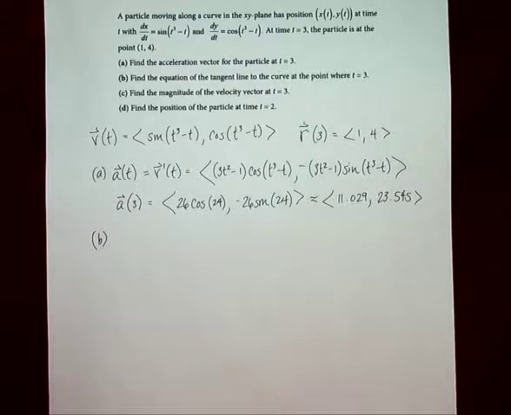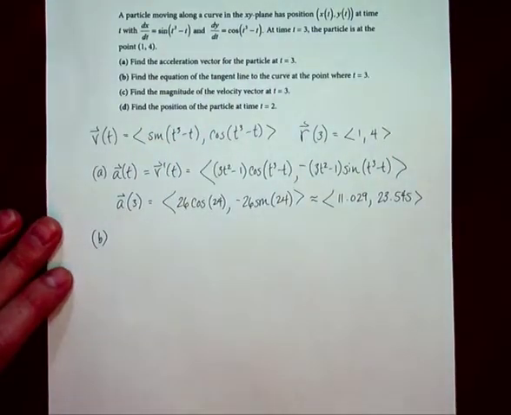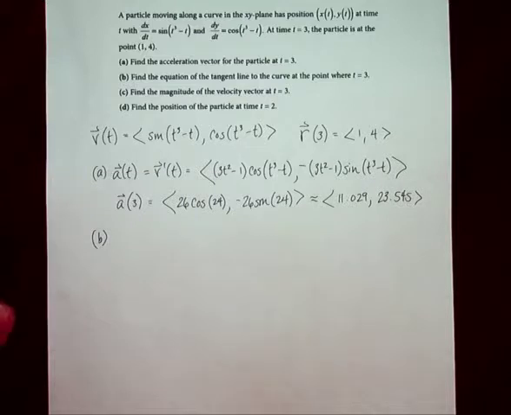It says find the equation of the tangent line to the curve at the point where t is equal to 3. Now, that's a little bit complicated because you can find your dy/dx just by using these right here. Your dy/dx is going to be easy to find.